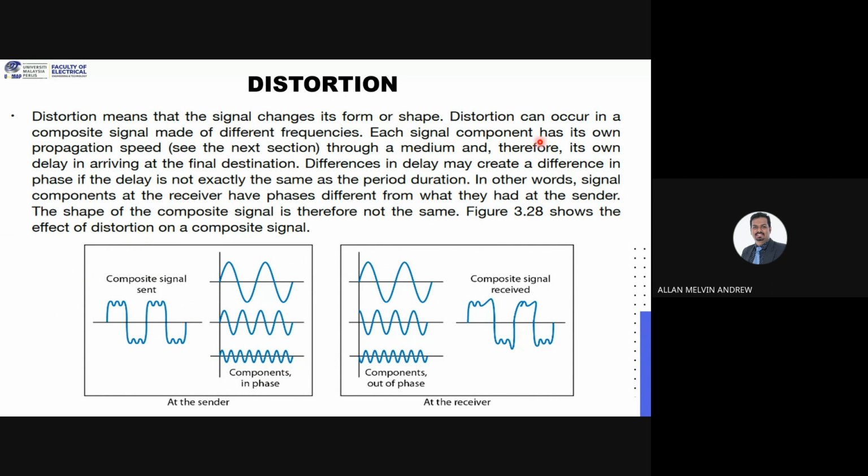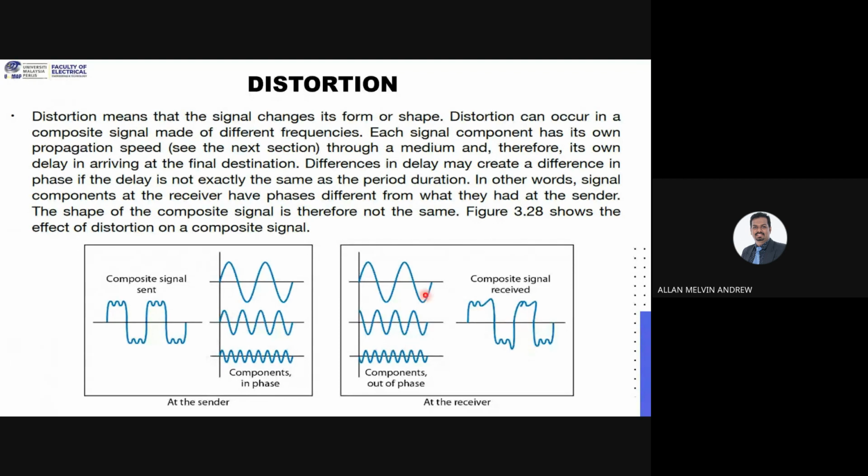Okay, so each signal component has its own propagation speed through the medium, and therefore its own delay in arriving at the final destination. Let's say in this example, this person is using an aeroplane, this person is using a bus, and this person is going by walking. Everyone will have a different speed when reaching the receiver.